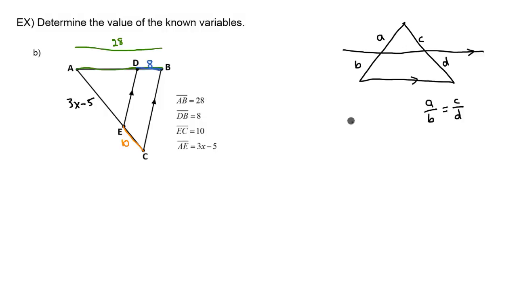Okay, so let's apply the side splitter theorem here. If we take this triangle, we just rotate it a little bit to our right. You can see that, let's do a different color, this is going to be my A, my B, my C, and my D, right?